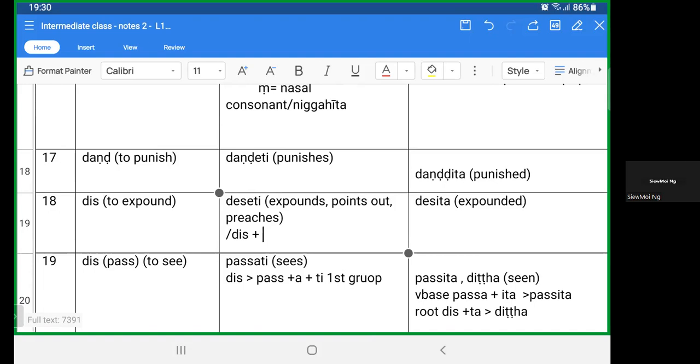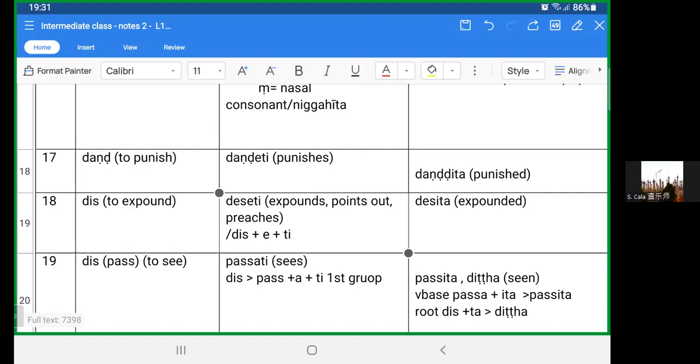Wait, Sumo, you try this one. How do you get this one? This plus what, Sumo? Sorry, I'm muted. This, then E, and plus T. And what happened to the I here? The I will be changed to E, then plus the verbal base.